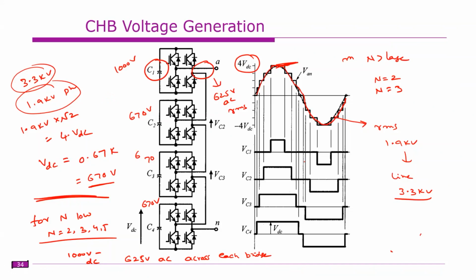So this is usually followed for lower values of cascade numbers.